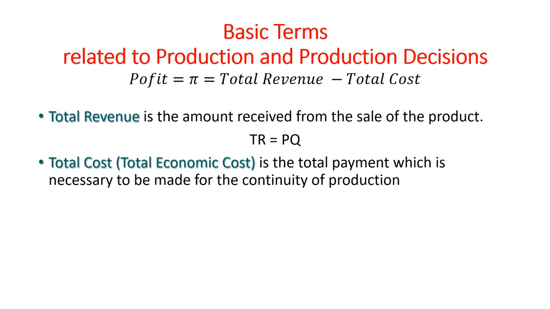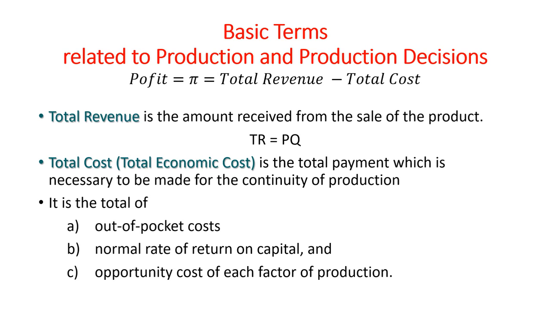However, for this, be aware that the total cost includes out-of-pocket costs, that is, those costs that must be paid to outsiders, called explicit costs; the normal rate of return on capital, that is, if the owners own capital, then they must consider how much they could have earned if they had lent their capital to some other industry; and lastly, the opportunity cost of each factor of production.